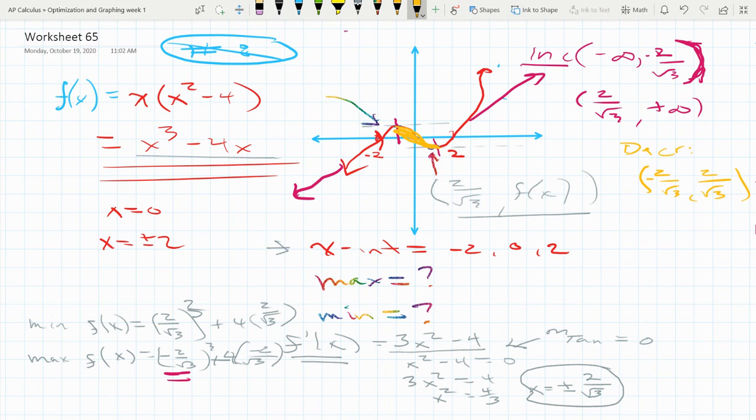So when they ask you for all the different pieces, they're going to ask you to find your max-mins, your x-intercepts, and your increasing and decreasing.